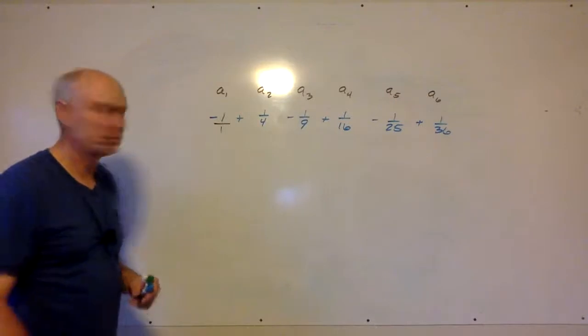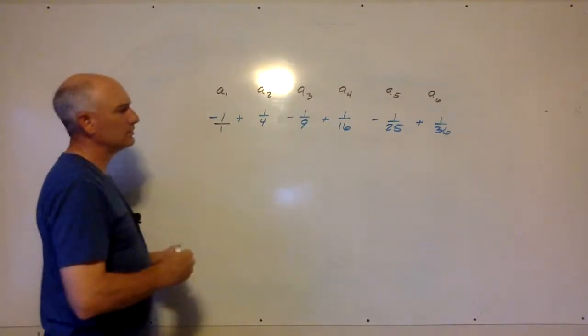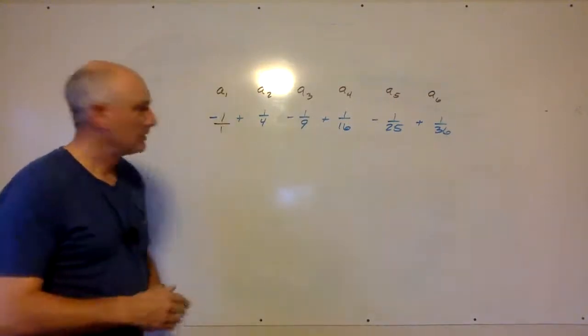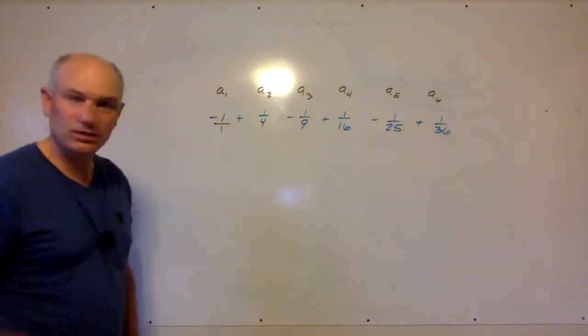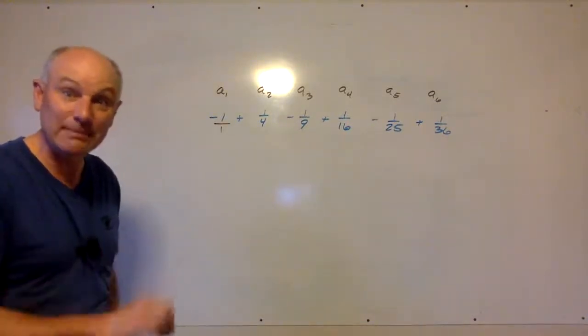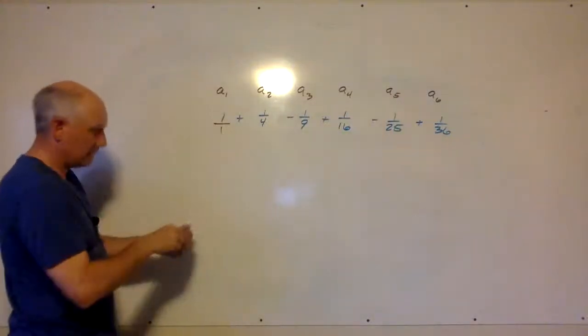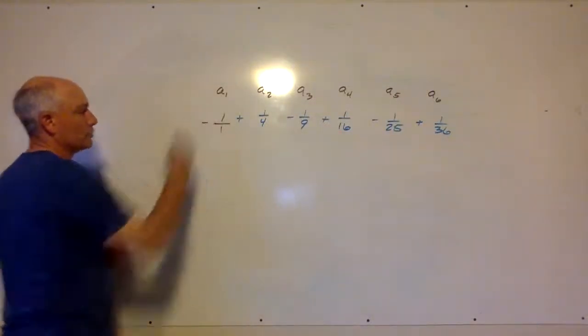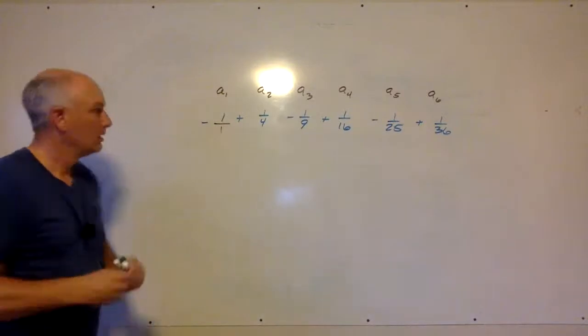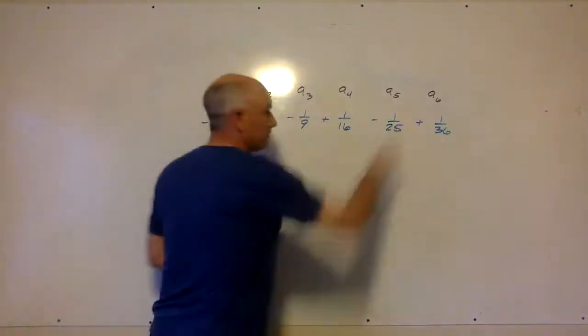I'd hope so. Now, to kind of speed things up here, don't look at the negatives for a second. Just look at the terms. Look at the denominators, because we know the numerators are all ones. I can put this negative out front, so no big deal there. The numerators are all the same, okay?